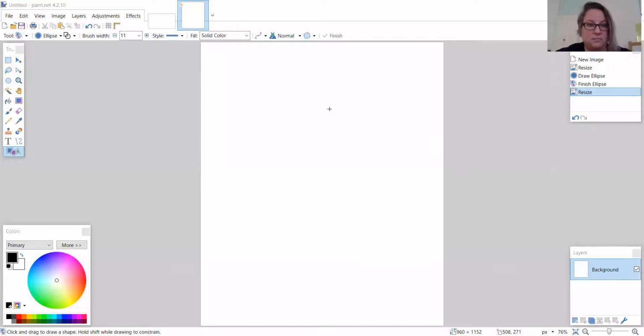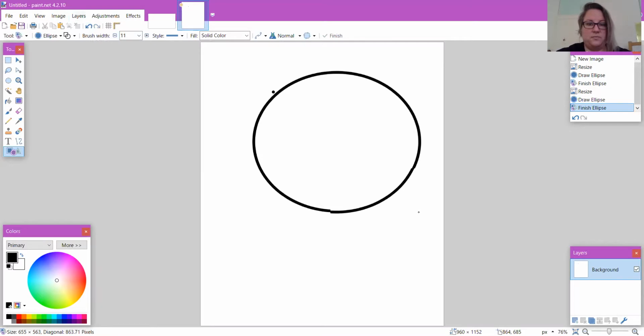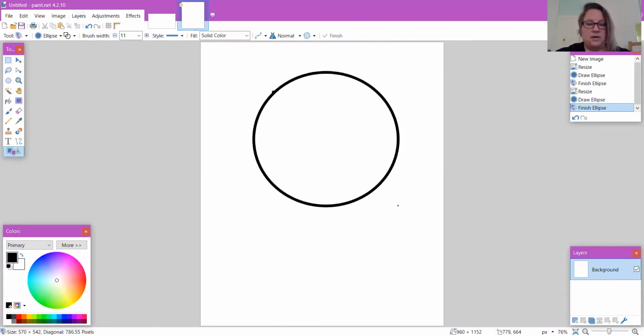I'm going to share my screen with you, and hopefully it will not be funky. All right, so the first thing I want you to do is, on your piece of paper, I just want you to draw, if I can get it to work. Let me erase that. I want you to draw a large circle on your paper, kind of in the middle towards the top, okay?